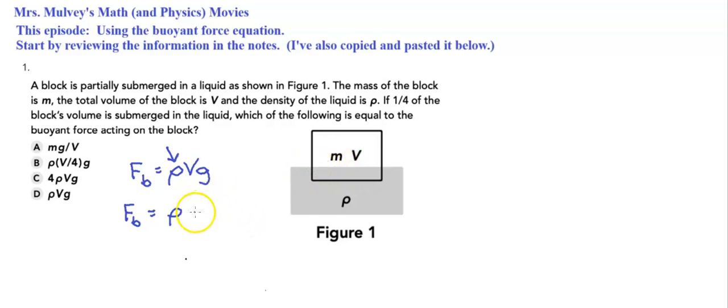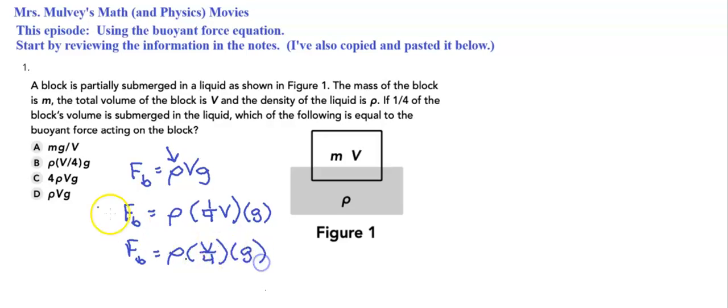And in this case, not the entire object is in the fluid, just 1/4 of it. 1/4 of that volume is in the fluid, and then I multiplied by g as well. And so the buoyant force is the rho times the 1/4 v, which we can write as v over 4, times g, making B the correct response.